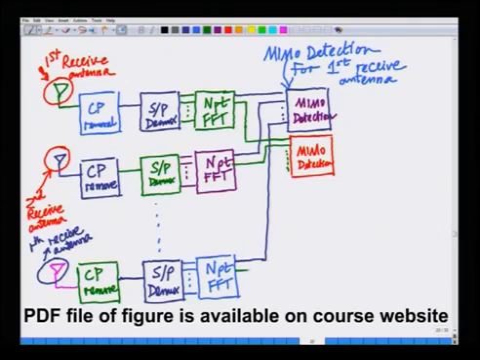So, what I am doing here is essentially taking the output from the second subcarrier at every receive antenna, and performing a MIMO detection.